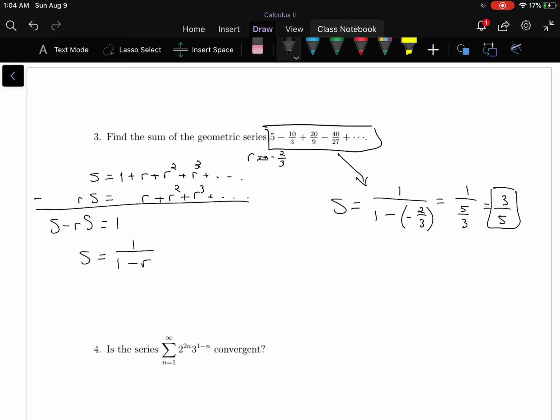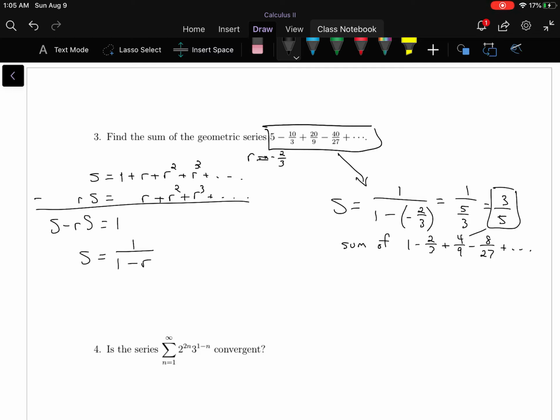And so that is our sum here, but it's not quite done because this is the sum of 1 minus 2/3 plus 4/9 minus 8/27 and so forth.